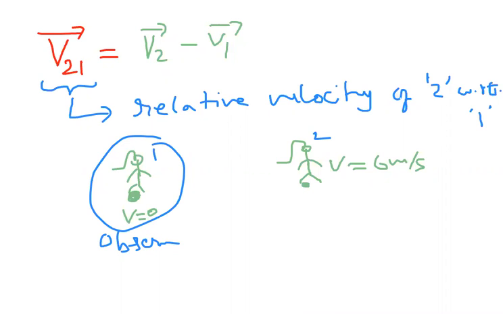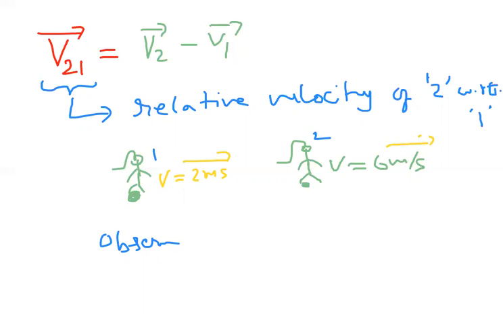Suppose myself also moving with some speed, V equal to 2 meter per second in the same direction I am moving. Then what will happen? I will not feel that the second person is moving with 6 meter per second. When I am at rest, I am feeling that his speed is 6 meter per second only.